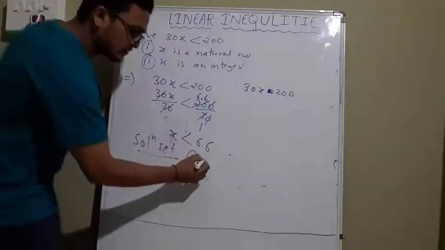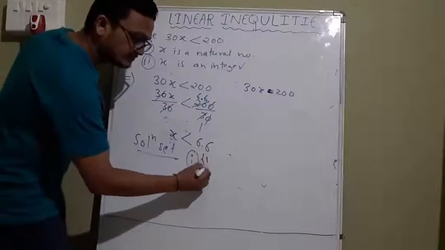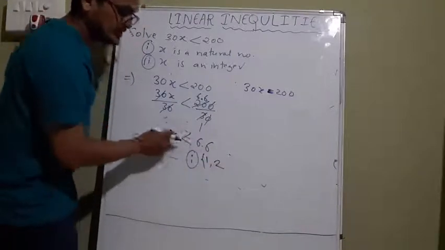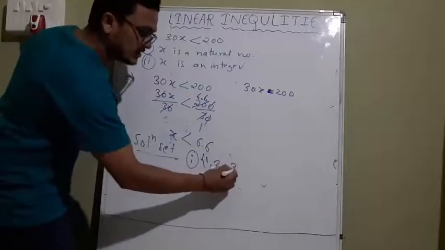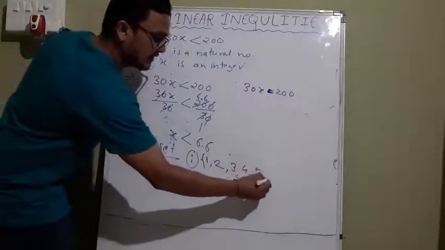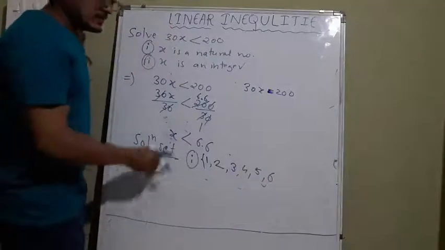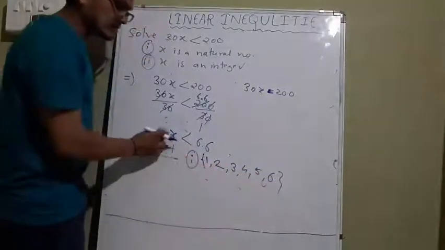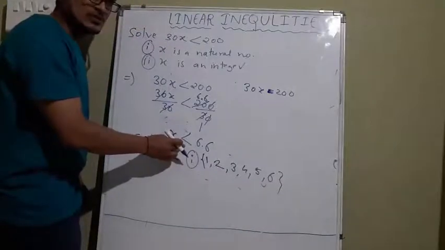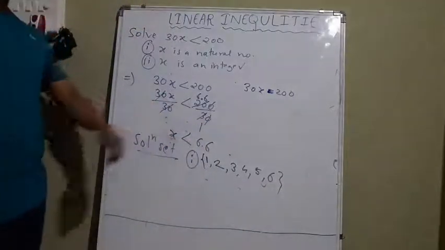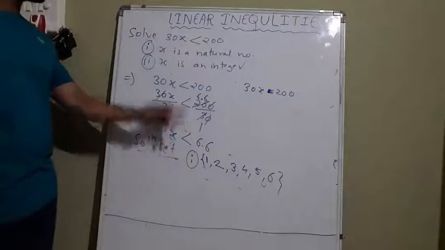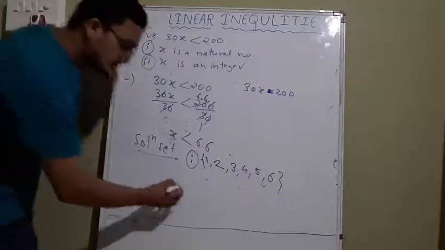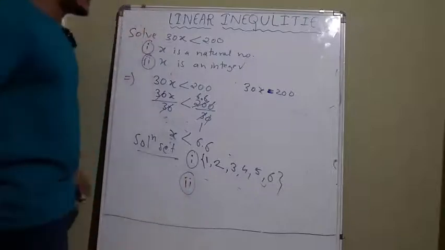If I write solution set, 1 is less than 6.6, yes. 2, yes. 3, yes, 4, 5, 6. 6 is also less than 6.6. But I can't take 7, because 7 is not less than 6.6. So I have to stop at 6. So your solution set for x a natural number is 1 to 6.